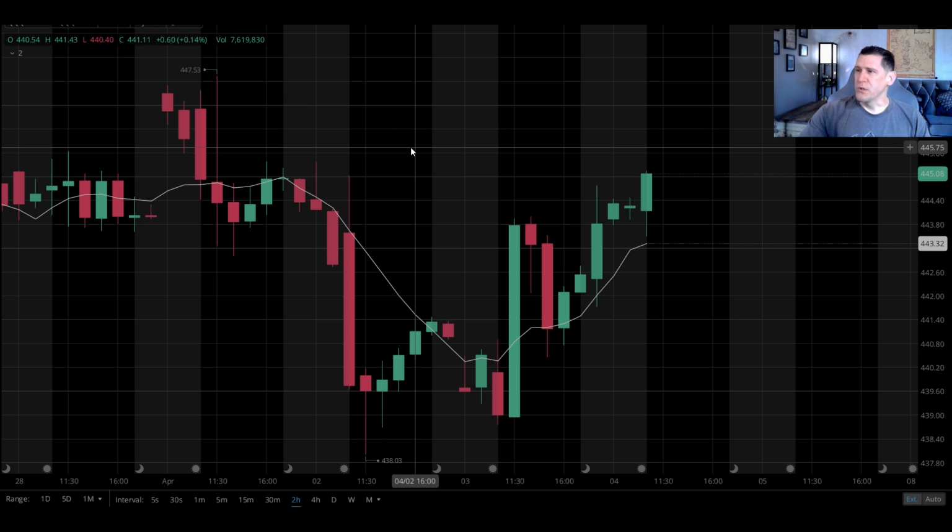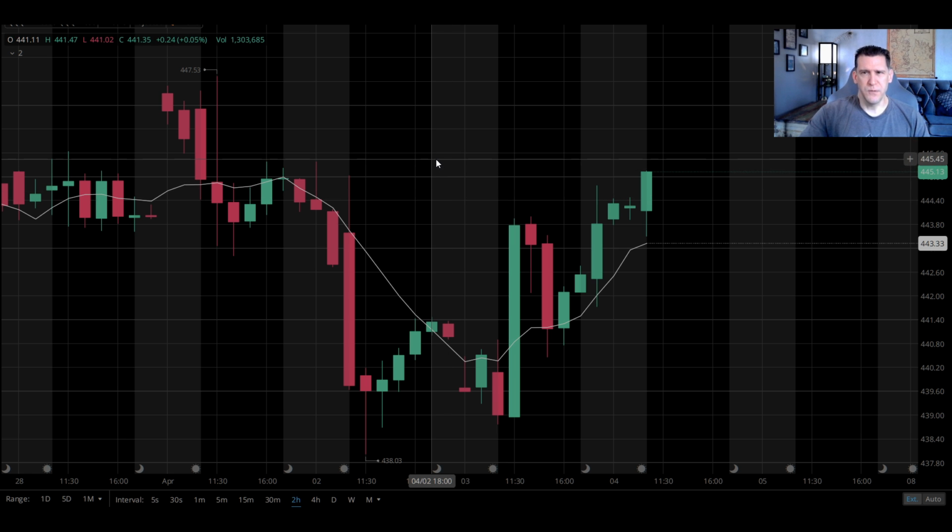Getting right into it, I'm going to show you guys how to identify liquidity zones really quickly and efficiently on a 2-hour chart, and then break it down into smaller time frames to give you some really quick trade ideas just by glancing at the chart. The whole point of identifying these liquidity zones is to know where to put your price targets for trading long and short, as well as being able to identify areas of strong resistance and/or support.